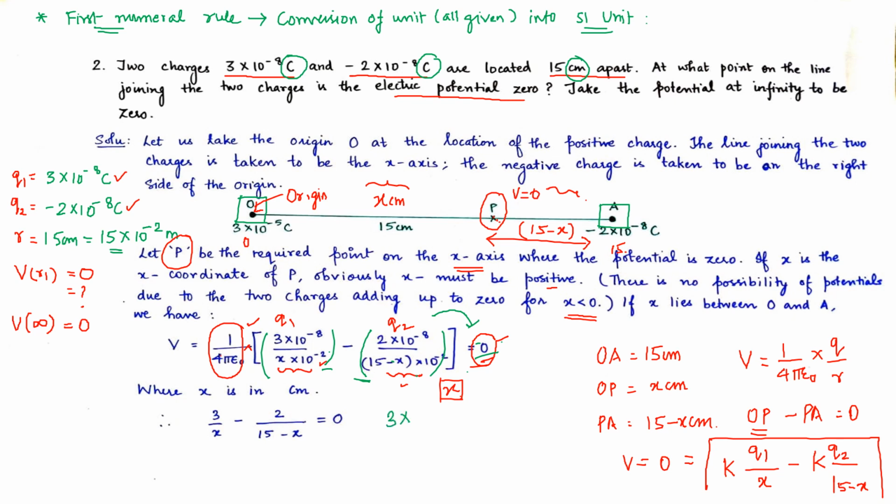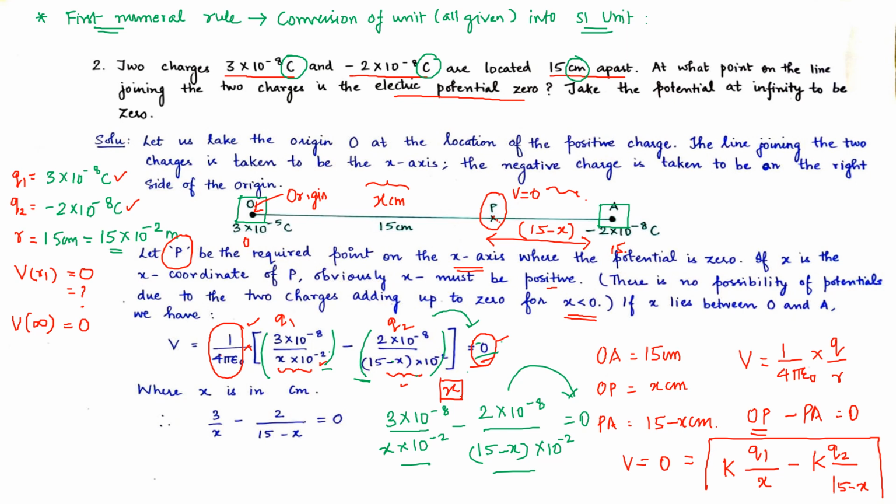3 into 10 to the power minus 8 upon x into 10 to the power minus 2, minus 2 into 10 to the power minus 8 divided by 15 minus x into 10 to the power minus 2, equals 0. Now we will bring either of the two terms to the right hand side so that the sign will change.